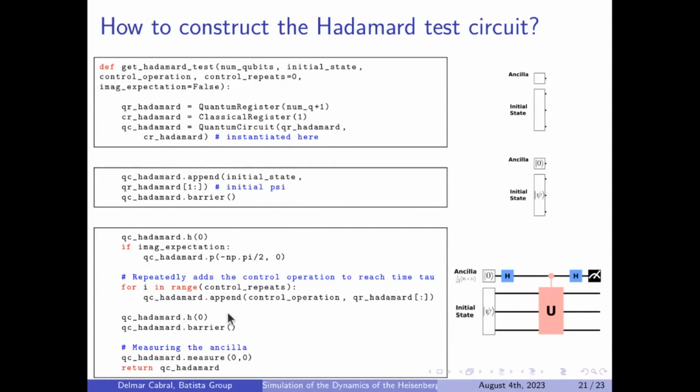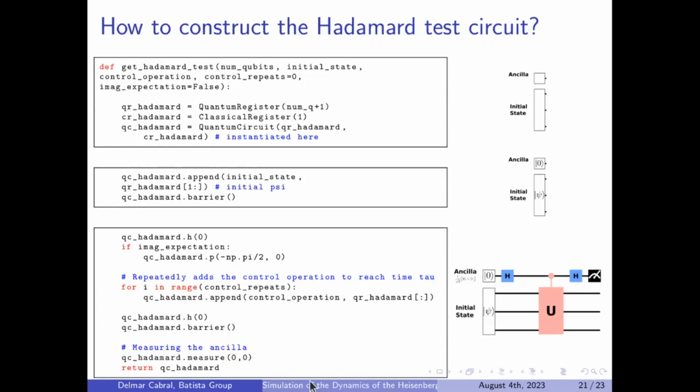And then we append our time evolution operator a given number of times such that we reach the current time t, because our time evolution operator corresponds to a given time tau. So if you apply tau n times, you reach time equals n tau. And then we undo the ancilla superposition state, we append a barrier, and then perform the measurement of the ancilla and return the complete Hadamard test circuit.